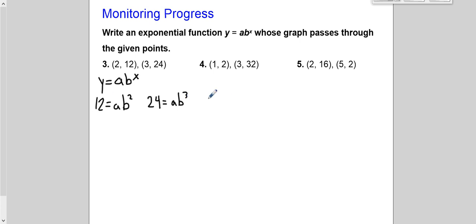So here's our two equations. Using those 2 points, solve for A in the first one, substitute it into the second one, solve for B. Once you have a number for B, go back and find A and write your equation. On your mark, get set, go.